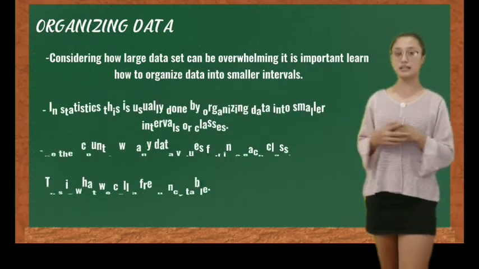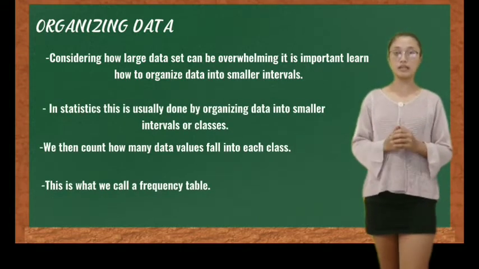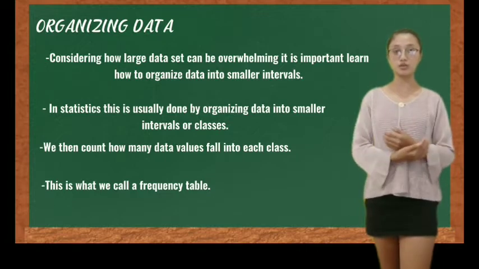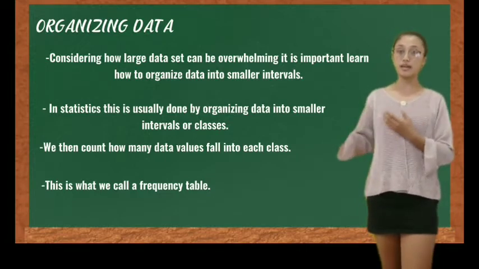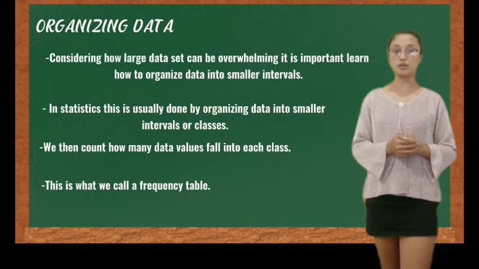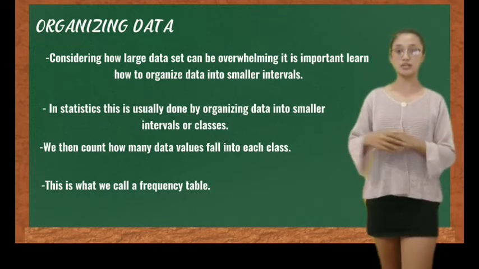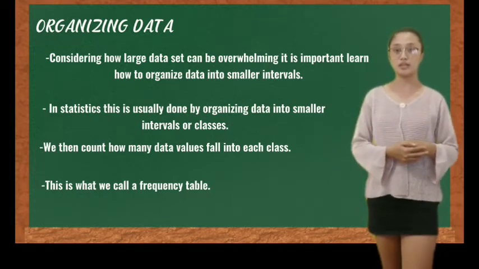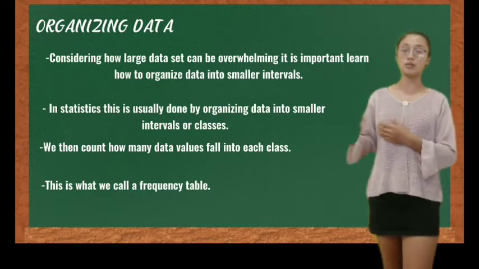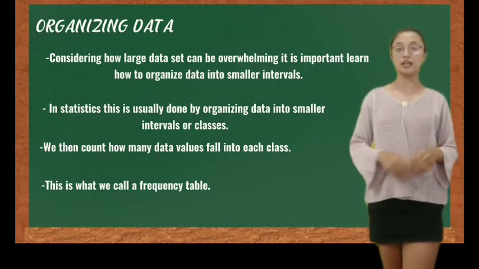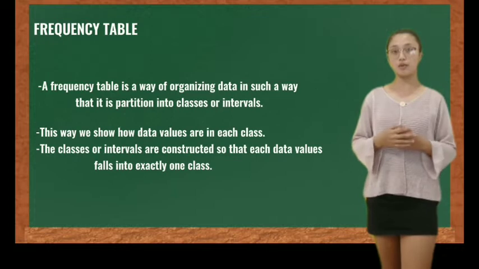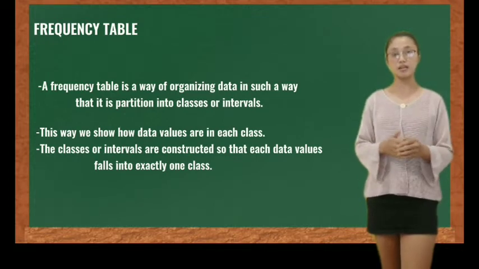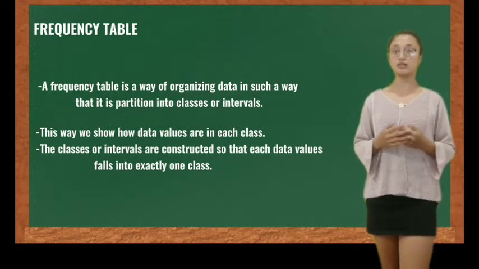In statistics, this is usually done by organizing data into smaller intervals or classes, and then we count how many data values fall into each class. This is what we call a frequency table. A frequency table is a way of organizing data in such a way that it is partitioned into classes or intervals.